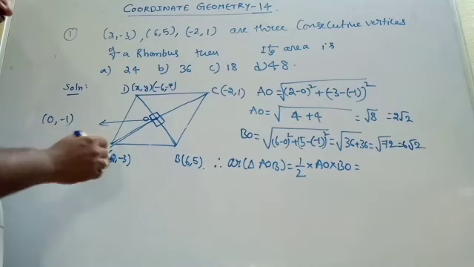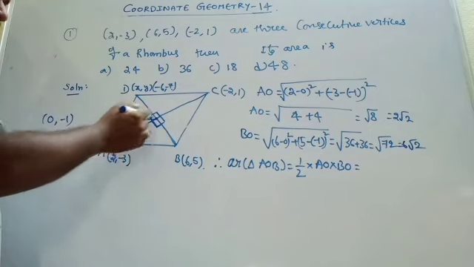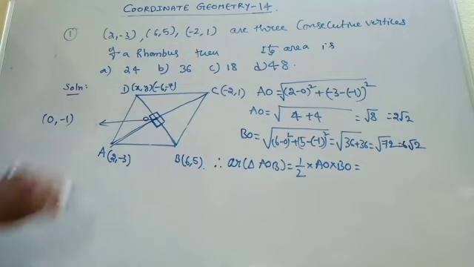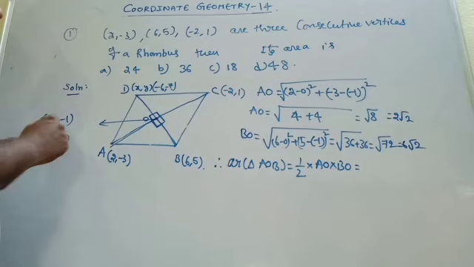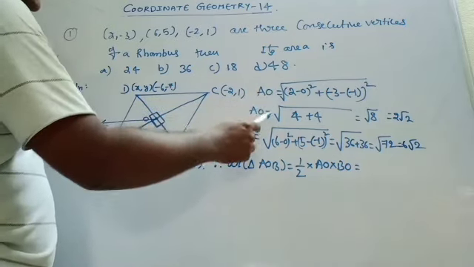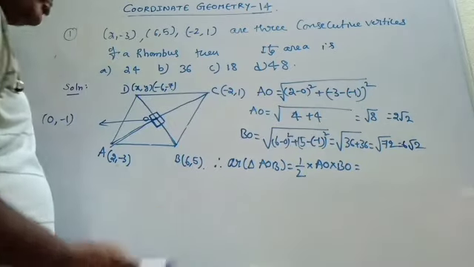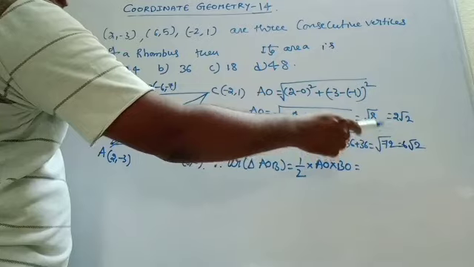Since it is a right angle triangle, the area is half into AO into BO, because if you take one of them as a base, the other one will become the height. We already know O is (0, -1). By the distance formula, AO is root 8, that is 2 root 2, and BO is root 72, that is 6 root 2.